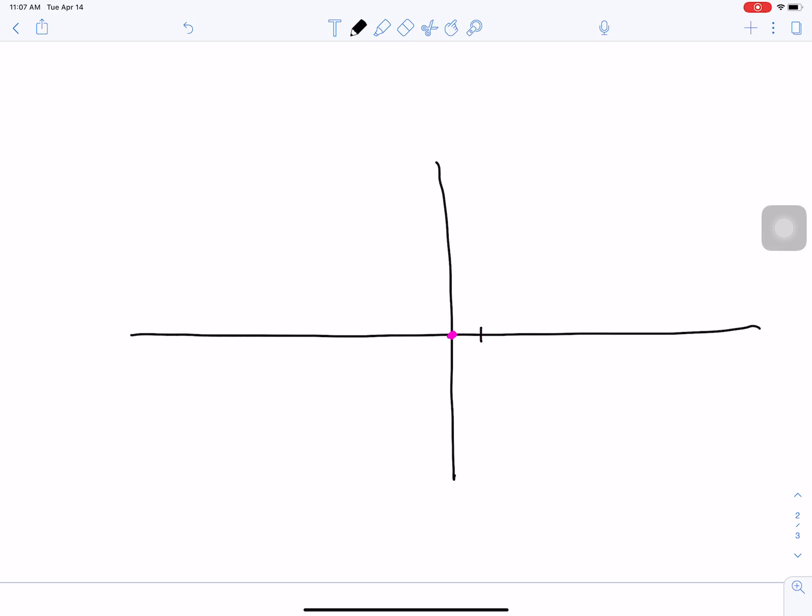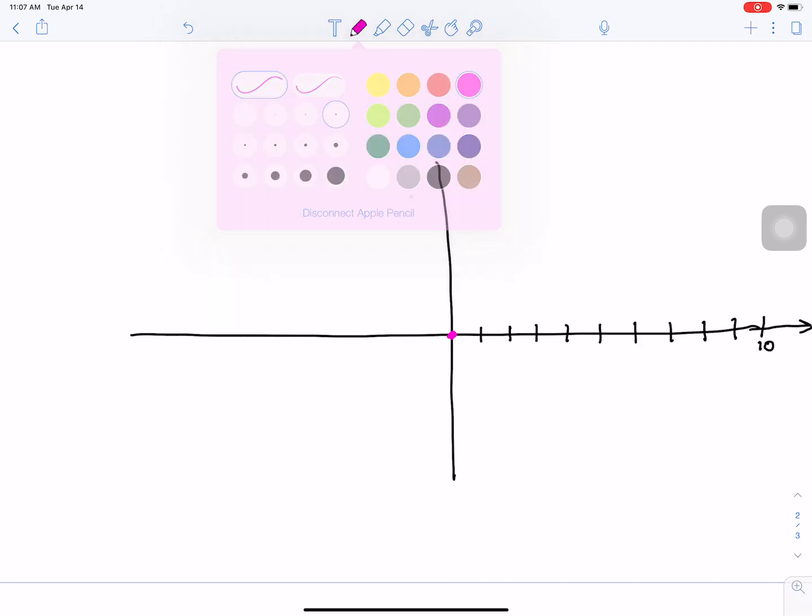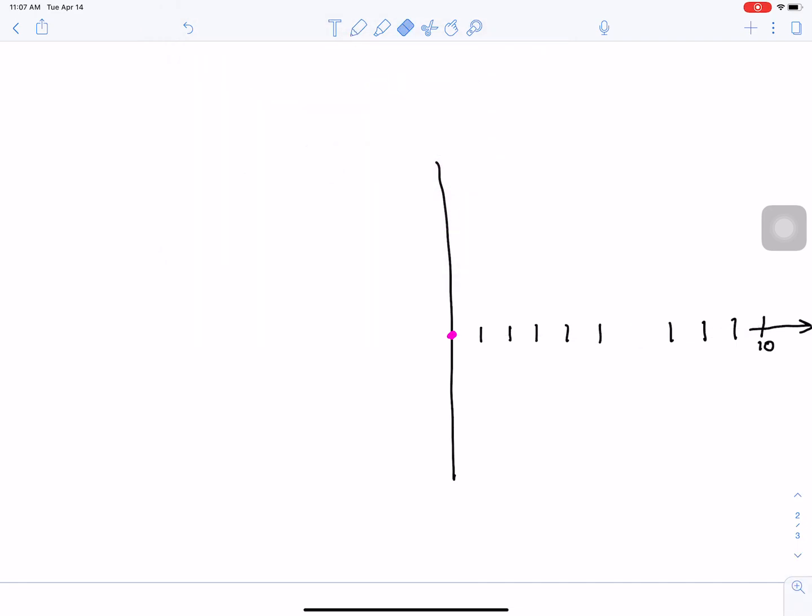One of my intercepts is (6, 0). I'm going to label the 10 way over here so that it doesn't affect my ability to draw the graph.